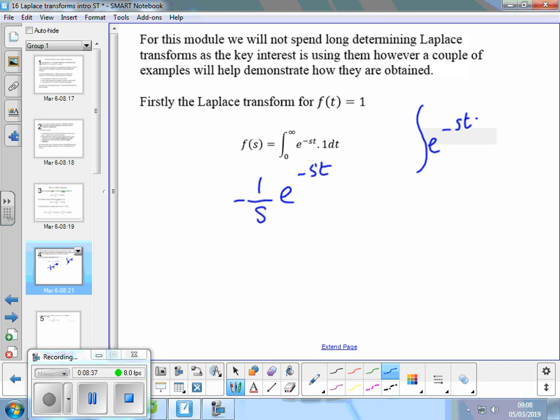Oh, simply we've got a constant multiplier here, don't we? The 1 comes outside, so we can ignore it, because that's just 1. So that's minus 1 over s, e to the minus st.